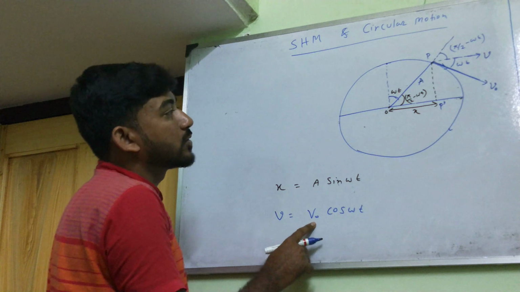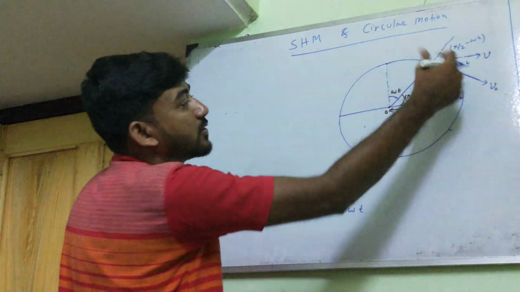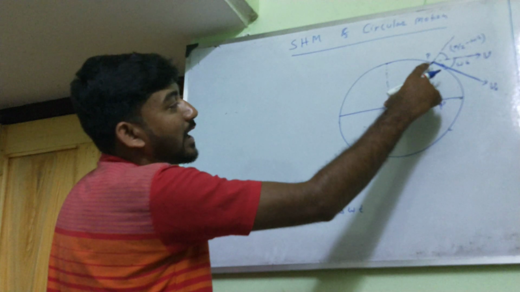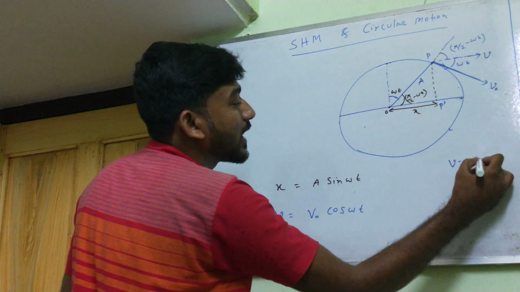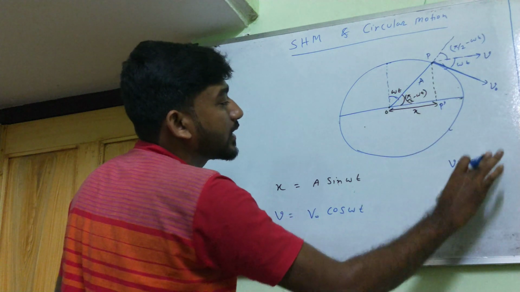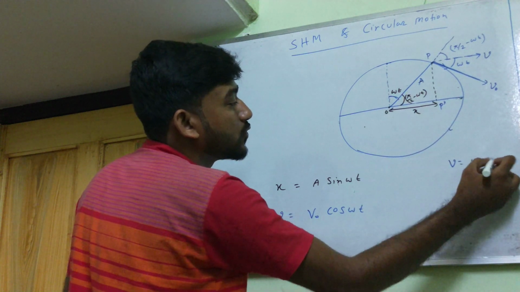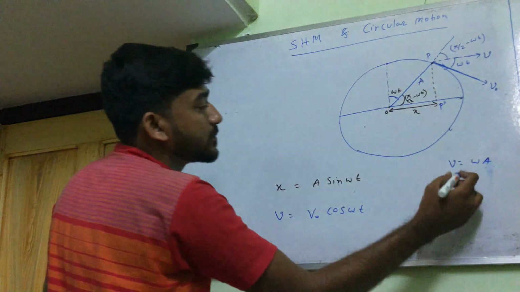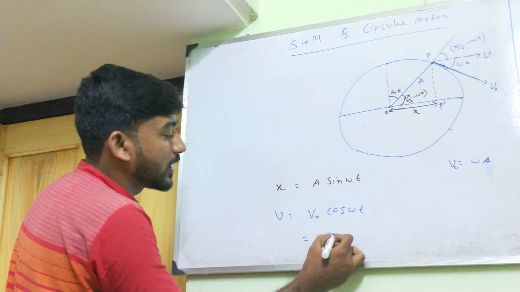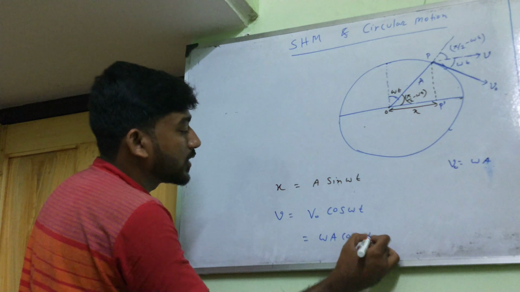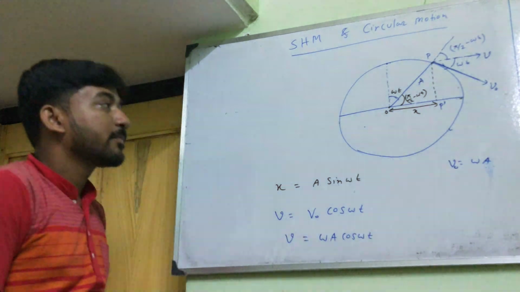And as you know from the circular motion concept, V equals omega r, and here r is capital A. So V equals omega A. Here V means V0. So this V0 will be omega A cos omega t. So this will be V.